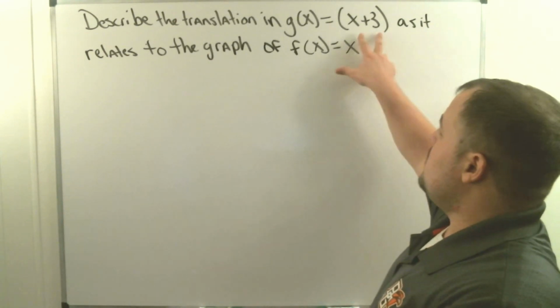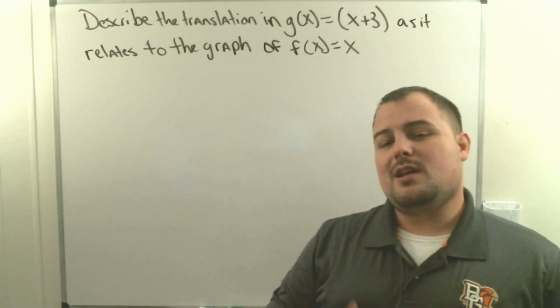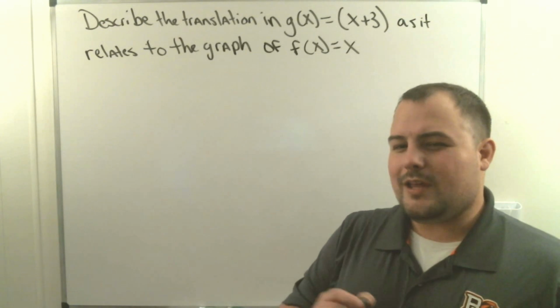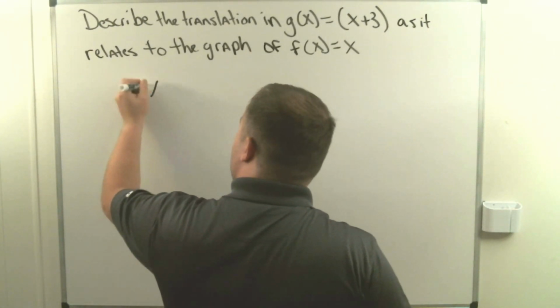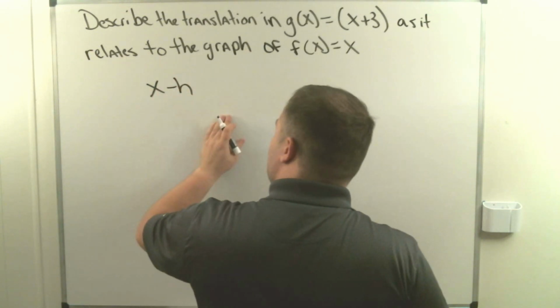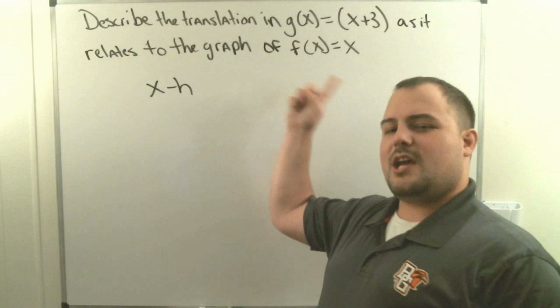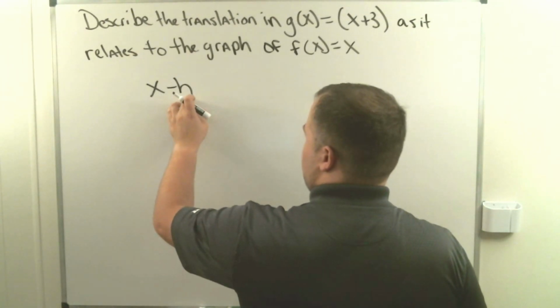So we're going to look up here. This says x plus 3. So that's a positive 3, but it's x plus 3. And we know that in translations, what we really have is x minus h, if it's going to go right or left. And this is a right or left translation because it's happening inside parentheses. So we're going to be subtracting h.